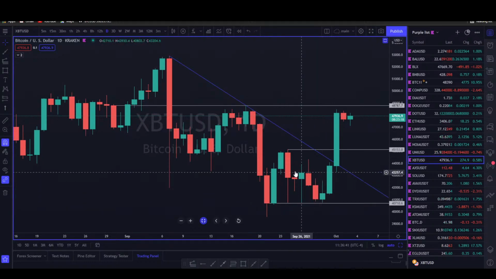Your sellers are exhausted down here. They are unable to push price lower, which means you're going to have an imbalance of buyers and sellers. This is an imbalance right here. The algorithm reprices up higher because it must find that price where the buyers and sellers are neutral again.